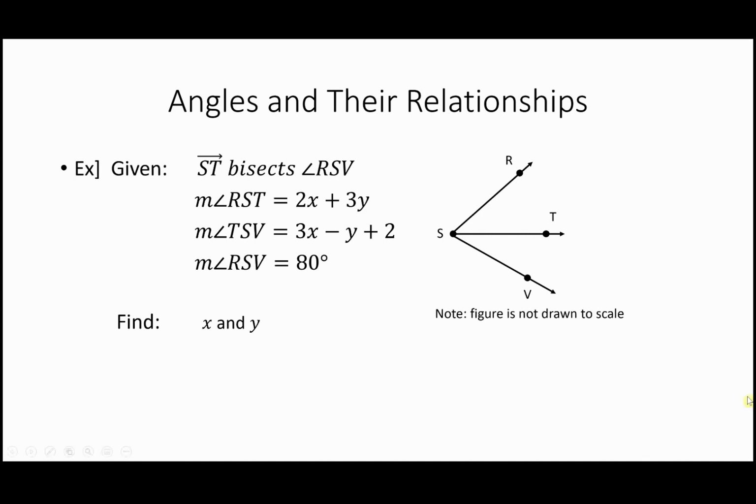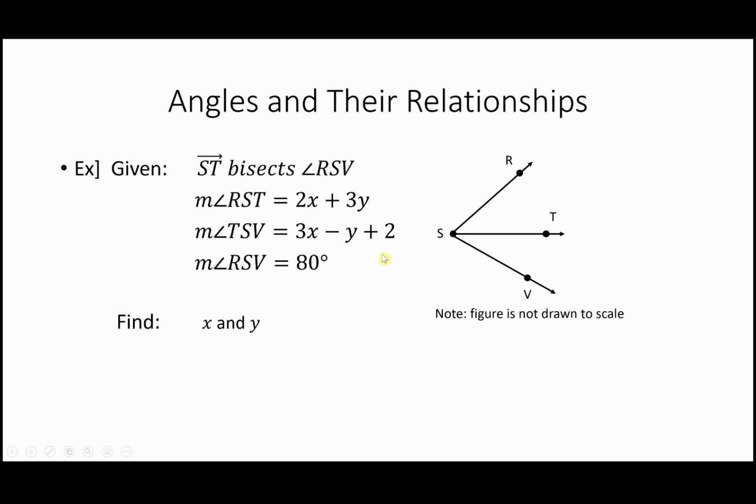They are also not necessarily drawn to scale. You don't want to assume that you could put a protractor up to this bad boy and be like, oh, I can see that technically this angle TSV is the same angle measure as angle RST. In fact, just by looking at it with the naked eye, I can see that they are not the same angle measurement.